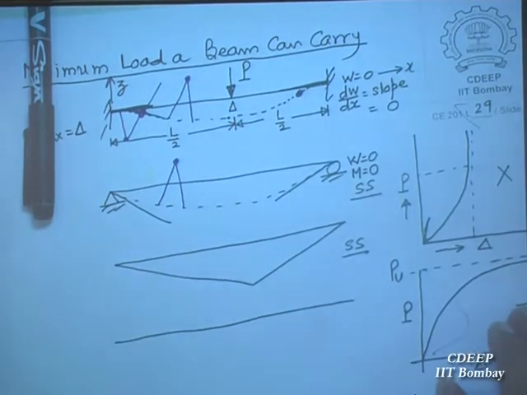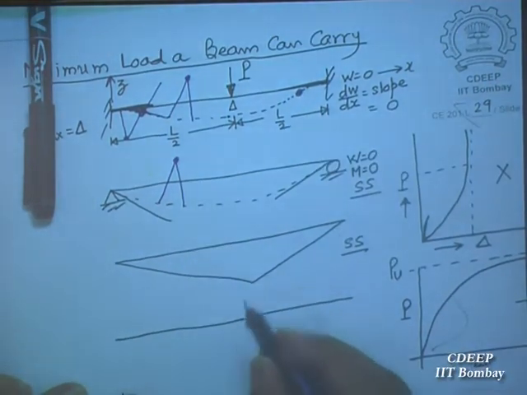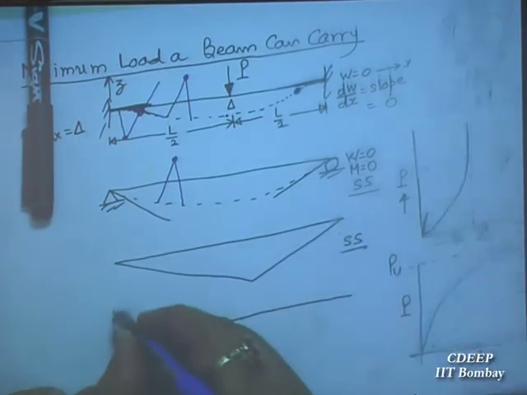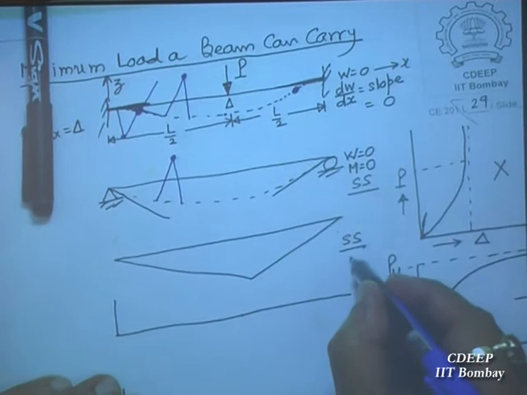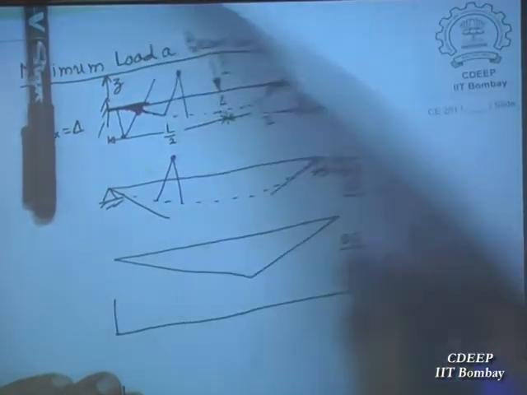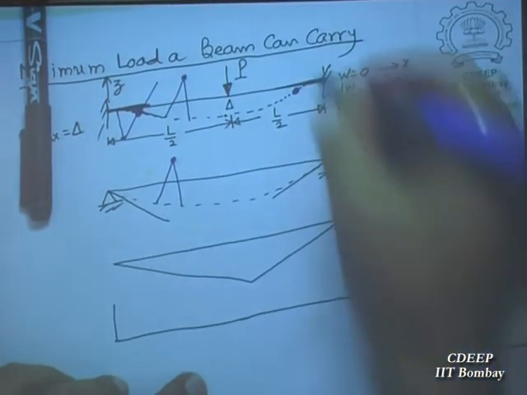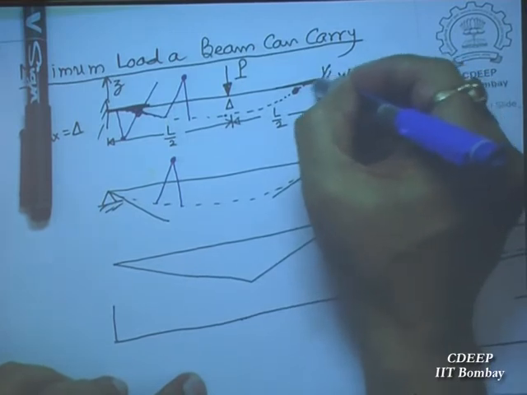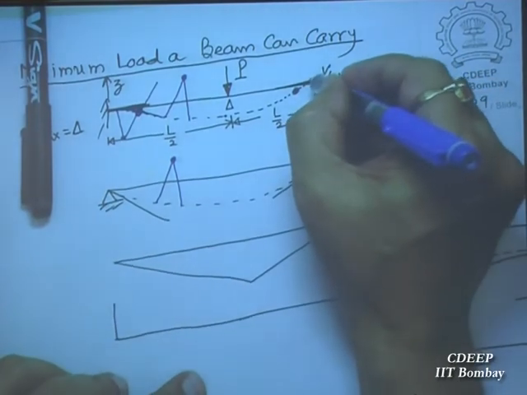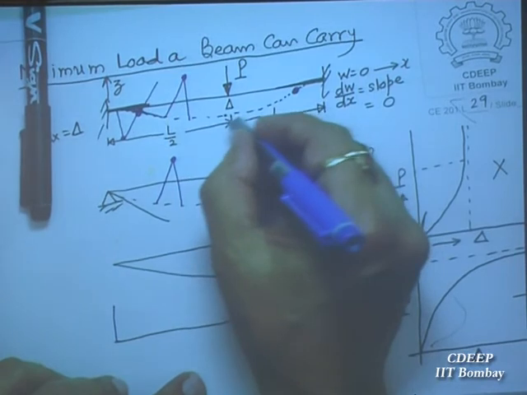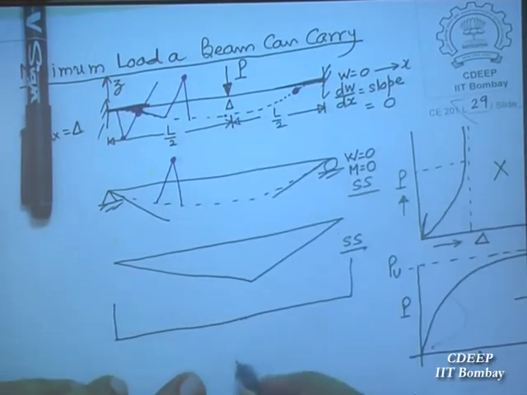So in this case, the bending moment diagram will be like this. There will be bending moment here, and the beam will be bent. Tensile stress will be created on the top, while here tension is created at the bottom, and this will be in the center.